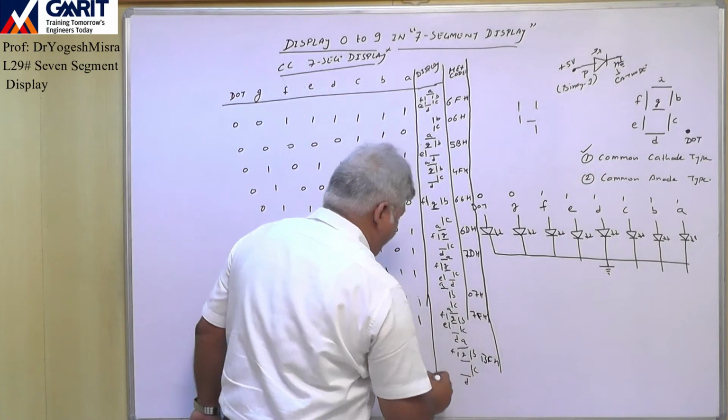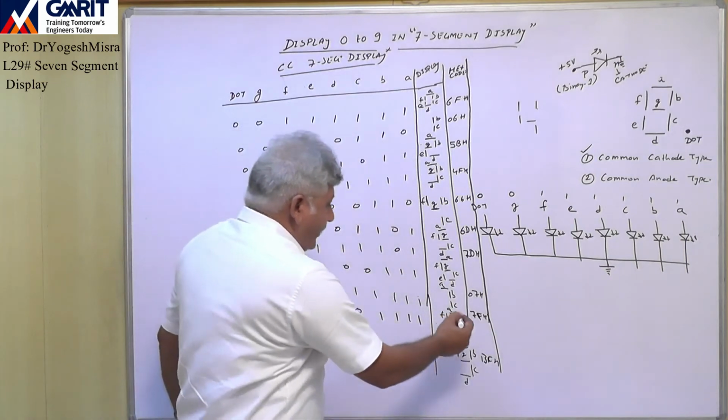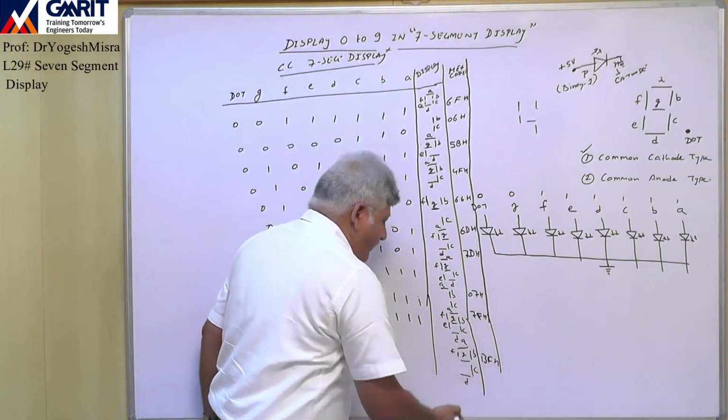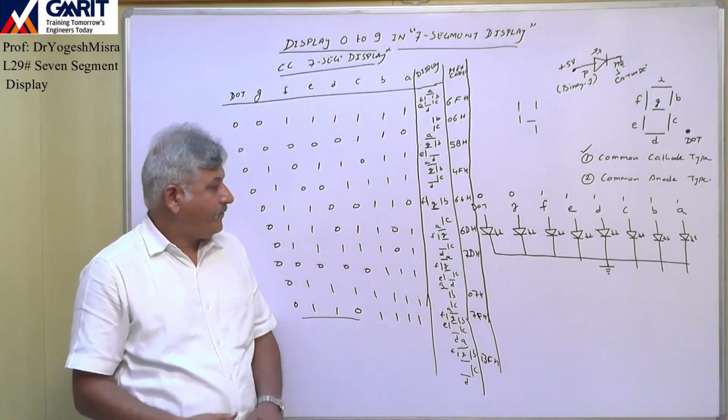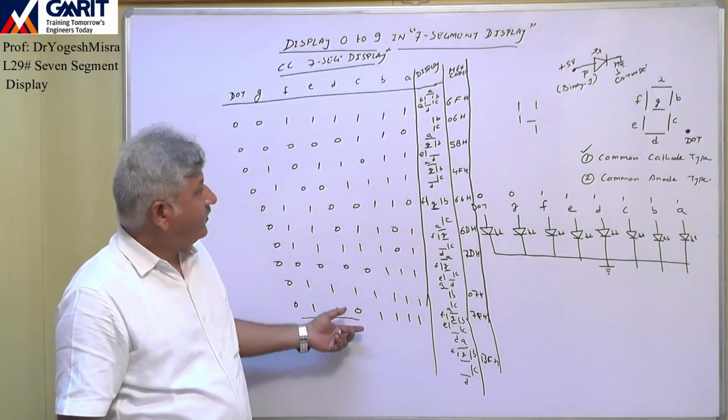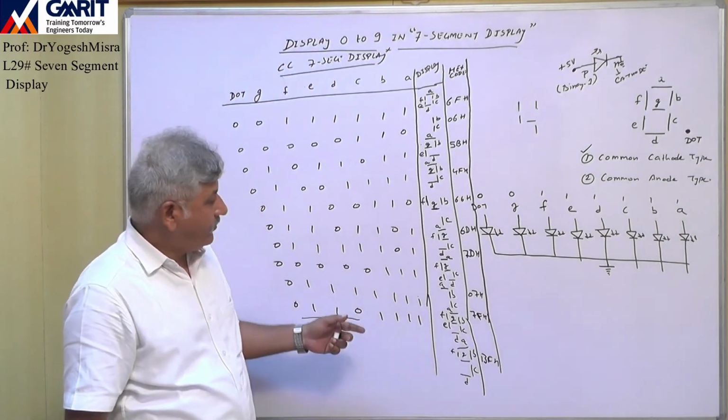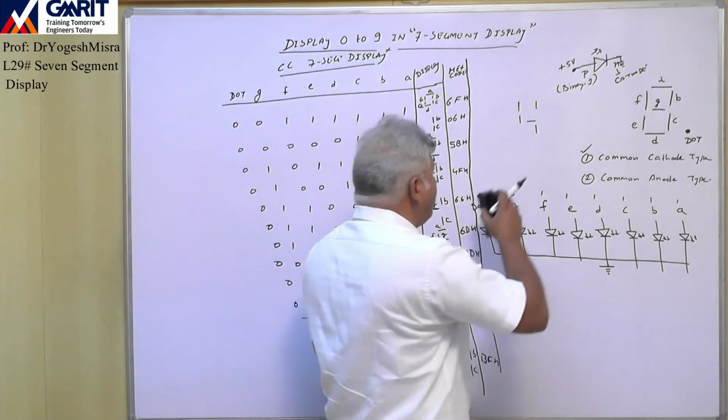So these are the hex codes which we have just found out for the display of numbers from 0 to 9. So somewhere I will write down these codes.